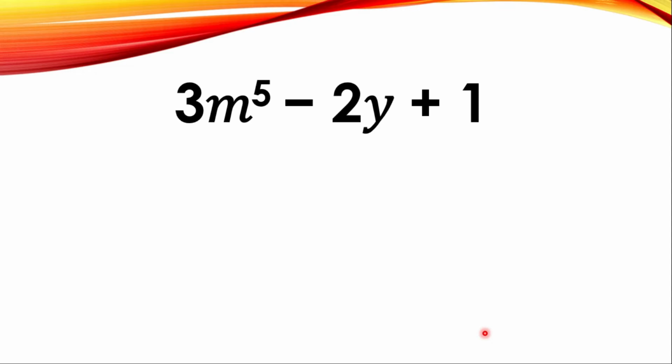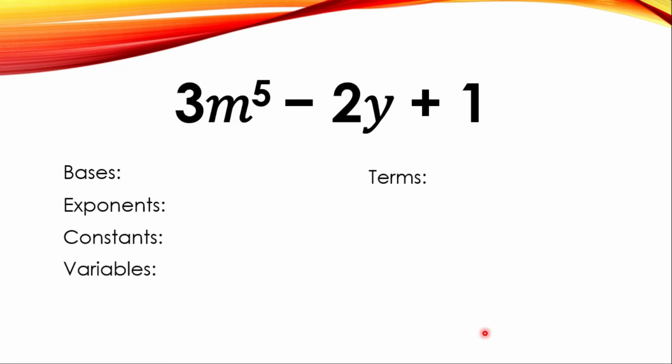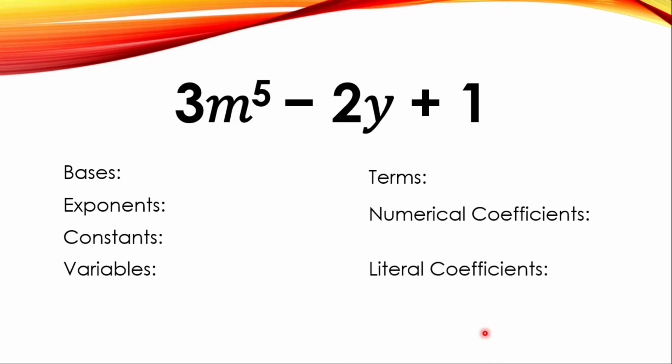We are to determine the bases, exponents, constants, variables, terms, numerical coefficients, and literal coefficients. So, based on our previous knowledge on the algebraic terms, bases are those numbers written below.